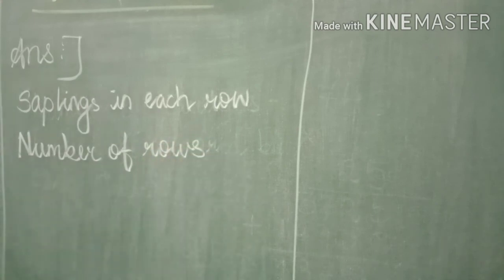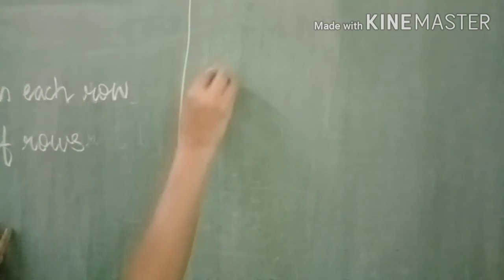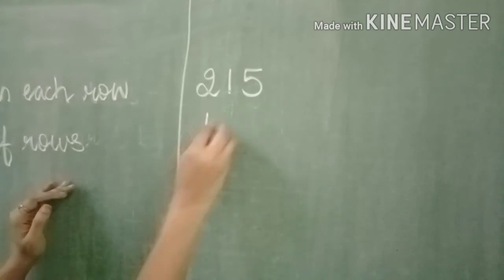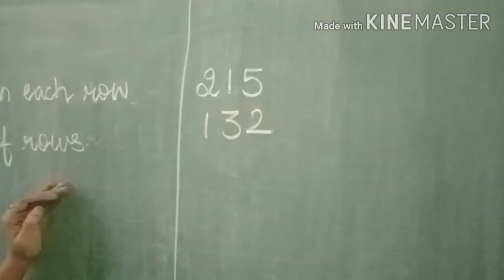At last we are going to write the total number of saplings. Saplings in each row were 215 and number of rows were how many? 132. Now what are we going to do?